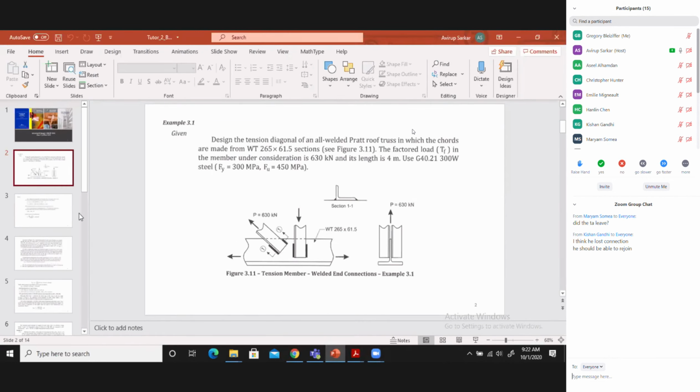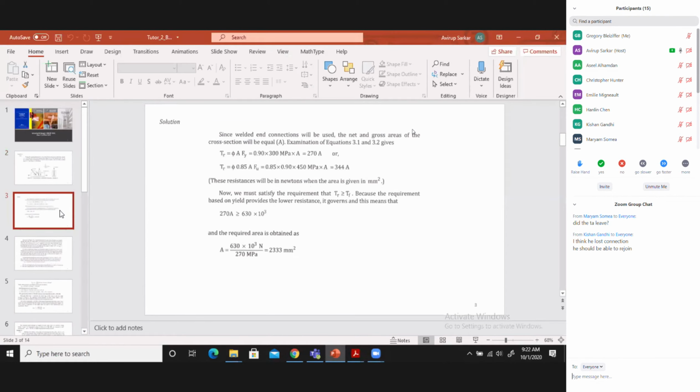Okay. So what are the steps we follow? We calculate the two capacities of the section using the formulas in terms of the unknown area, which we are going to calculate, and then we compare the capacity to the factored force acting on the section, which in this case is 630 kilonewton.